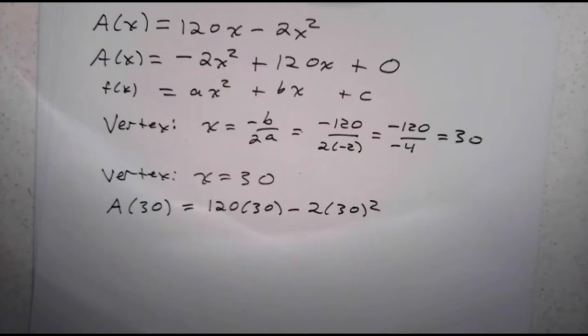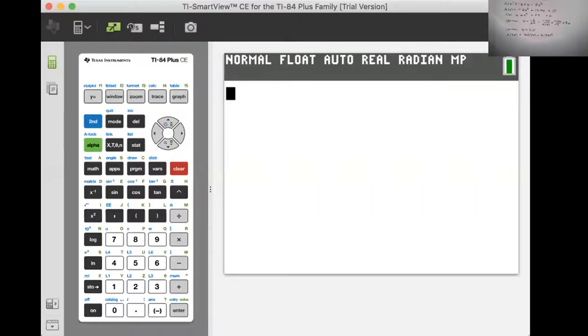So we will go ahead and do that on the graphing calculator. We go ahead and pull that up. So we need 120 times 30 minus 2 times 30 squared. And this represents area.